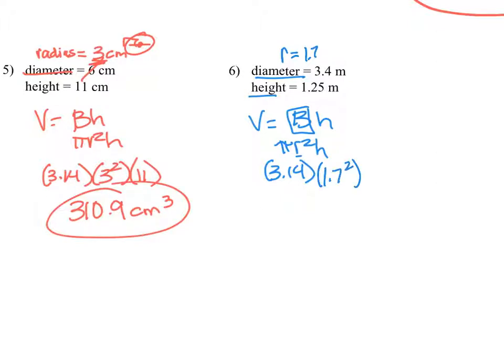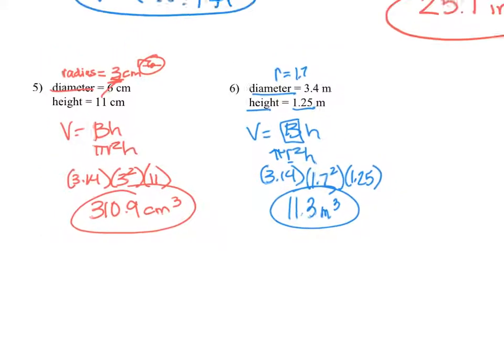So 1.7 squared times the height, which was 1.25. So 3.14 times 1.7 squared times 1.25. In the calculator it says 11.34325, so I'm just going to say 11.3 meters cubed.